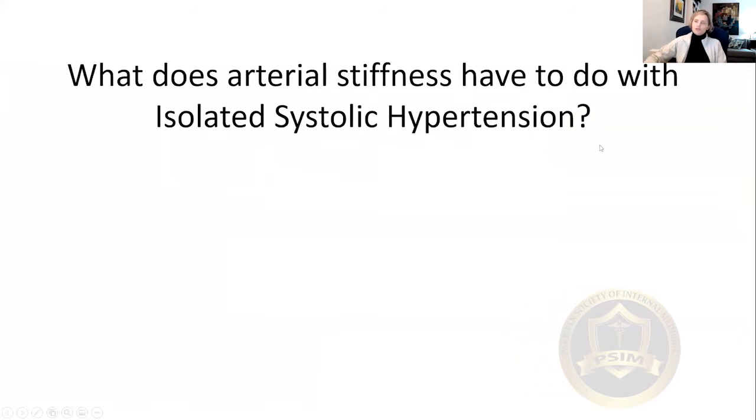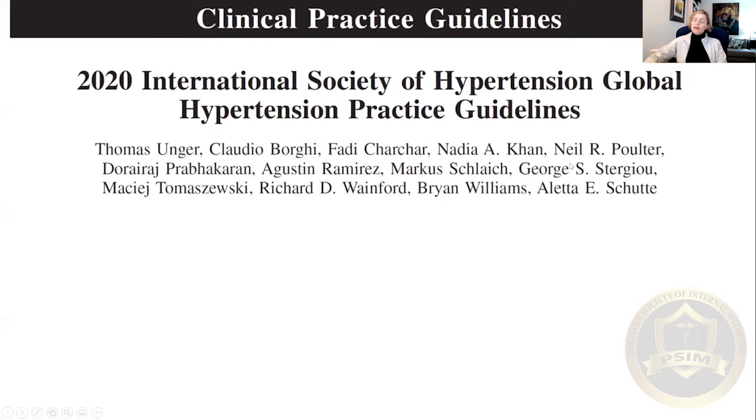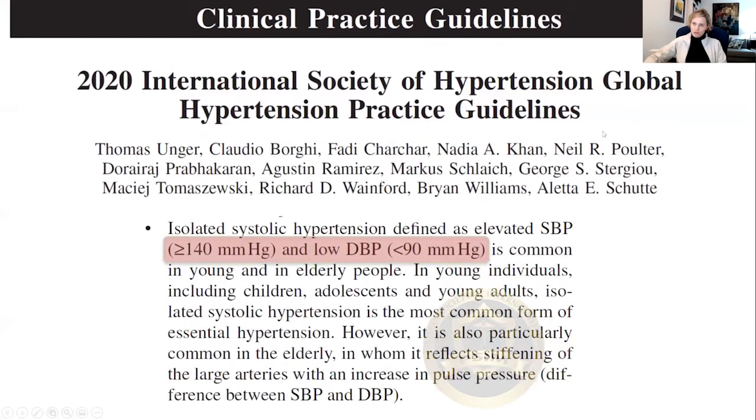Right, so what does this have to do with isolated systolic hypertension in the bigger picture? I will focus now on the 2020 ISH guidelines, and what we've put there is basically the definition where we say isolated systolic hypertension is defined as an elevated systolic blood pressure of 140 millimeters of mercury or higher and a low diastolic blood pressure. This is common in young and in elderly people.